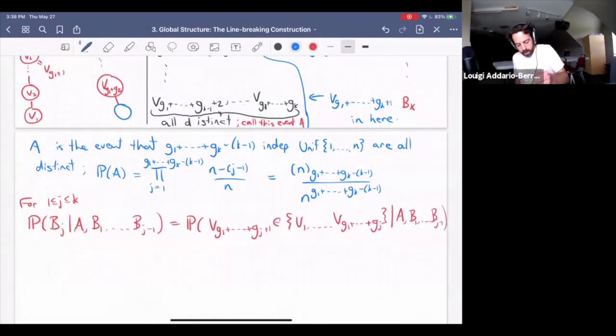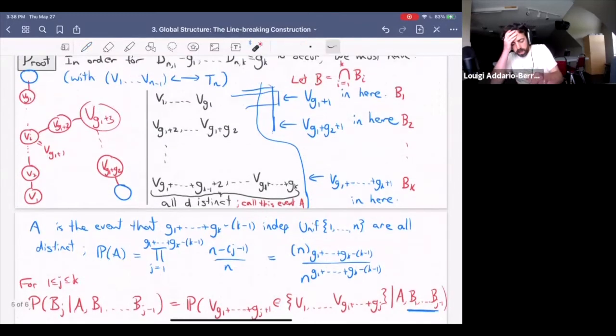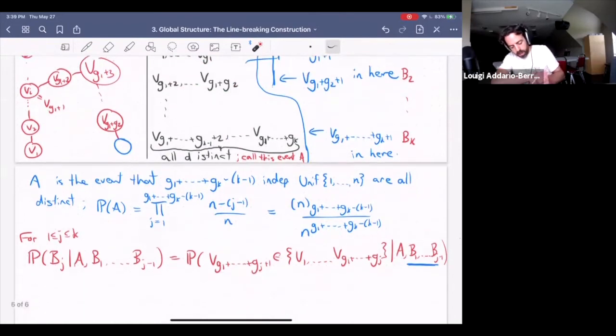Now it's important to note here that if these previous B events have already occurred, then that means we've already seen j minus 1 repetitions. Because the value Vg1 plus 1 wasn't new, it already appeared, and this value wasn't new, it already appeared. So this set on the right does not have this number of distinct elements because there are j minus 1 repetitions.